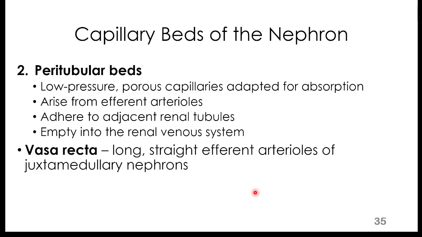The vasa recta are the peritubular beds of juxtamedullary nephrons. So we should note that when we say vasa recta, they are simply the peritubular capillary beds of only the juxtamedullary nephrons. The peritubular capillaries of cortical nephrons are called just that, just peritubular capillaries.